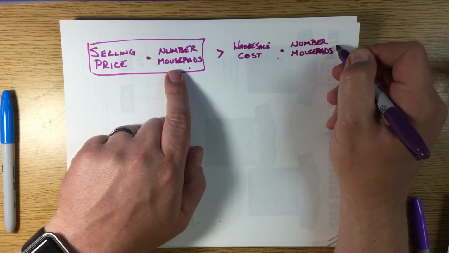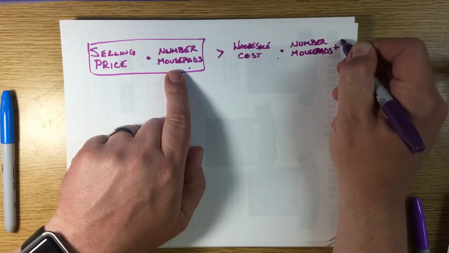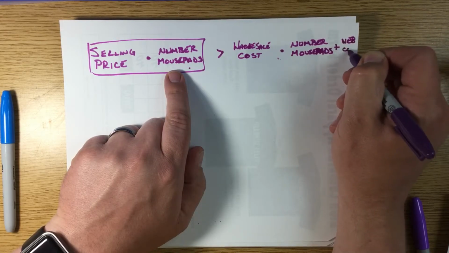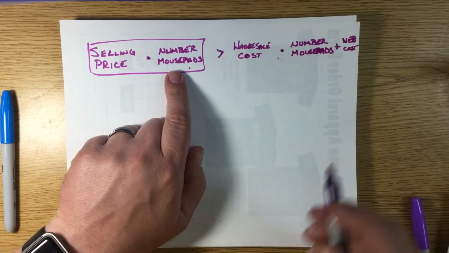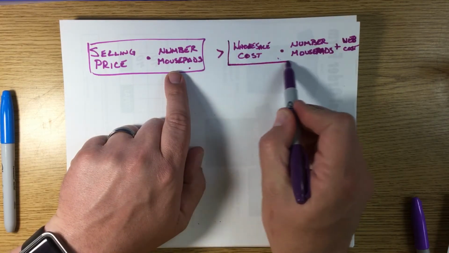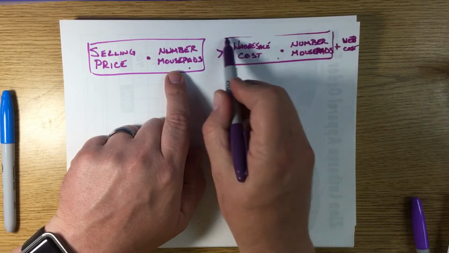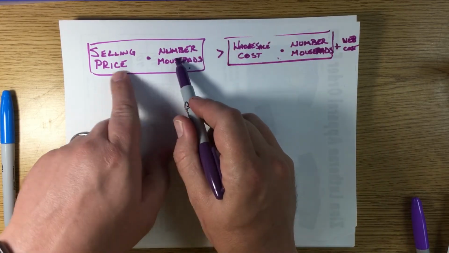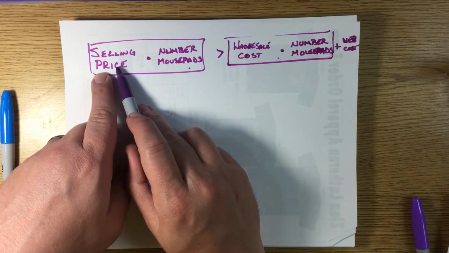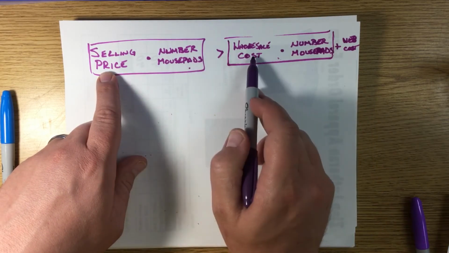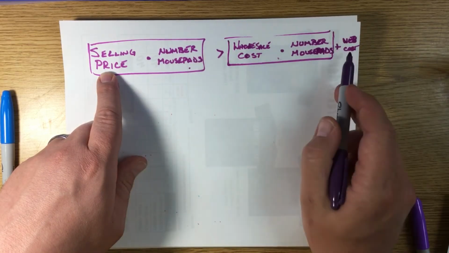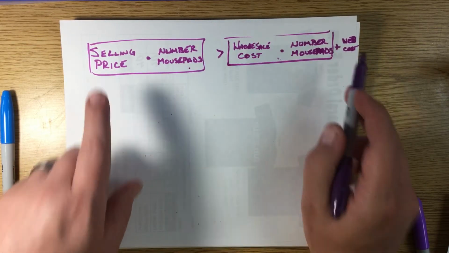And I'm running out of room, but I'm going to have to add to that my web costs, or my web page cost. So here I have the wholesale cost times the number of mouse pads. This is the same number of mouse pads I'm trying to sell over here. I want to know the selling price is greater than the wholesale cost. How many do I have to sell, in other words, to cover my web costs?